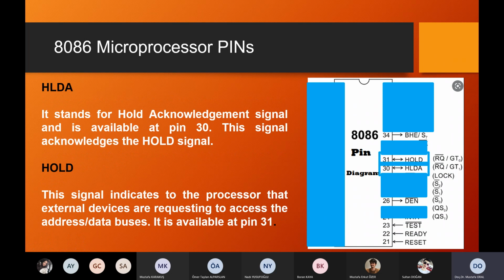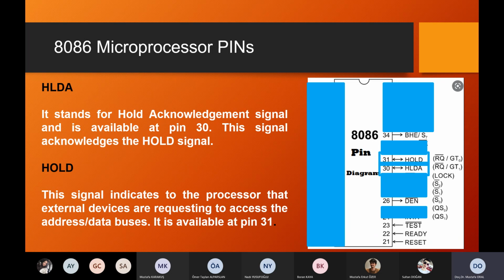The other two signals, hold and hold acknowledge. Hold and hold acknowledge is similar to interrupt and interrupt acknowledge in the sense of getting the signal and informing the outer device that the microprocessor has got the information from the outer device, and it will be dealing with it.